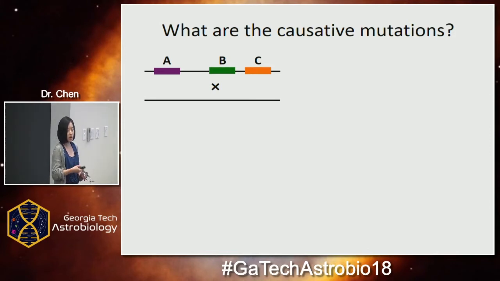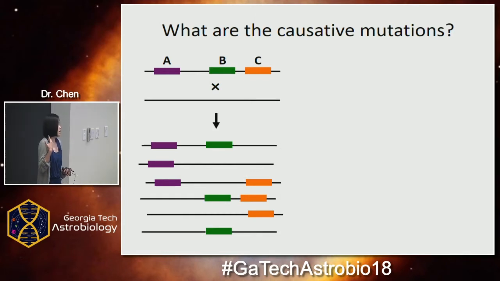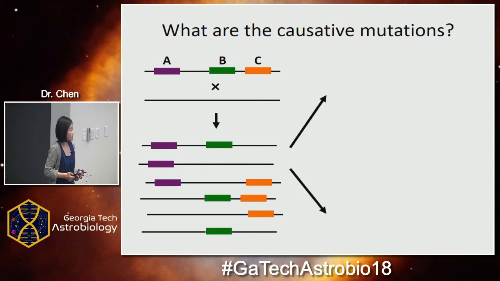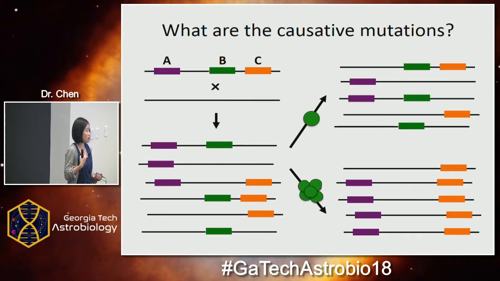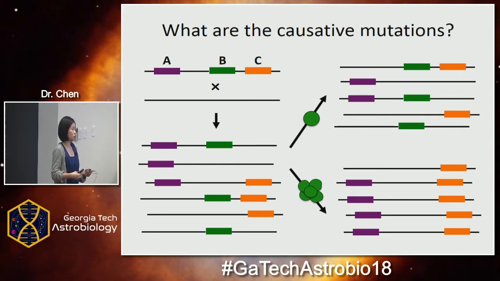You can mate it with a wild-type strain to generate a group of cells with different combinations of those mutations. And then we can select for the phenotype we are interested in, which is a multicellular phenotype, and then those genotypes associated with the phenotype will be enriched this way.